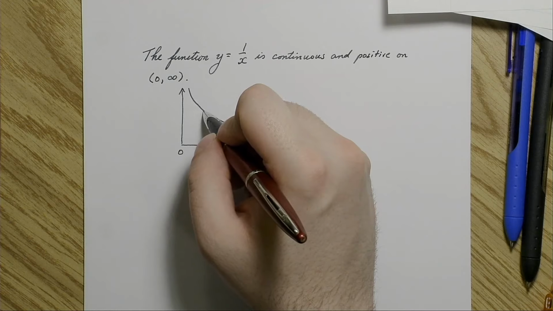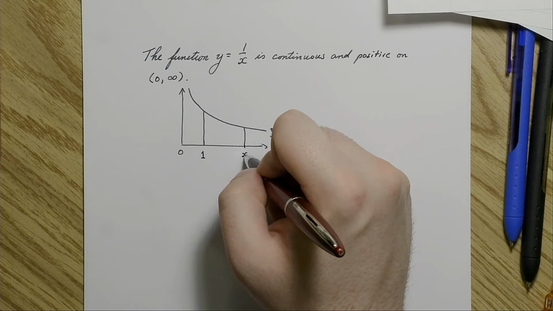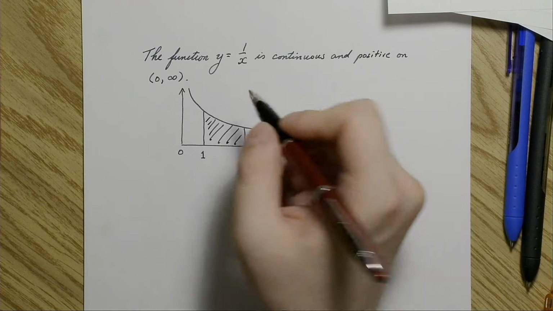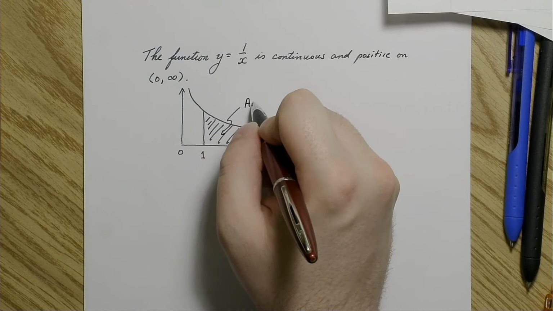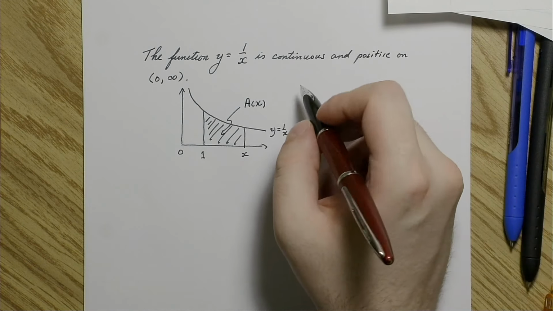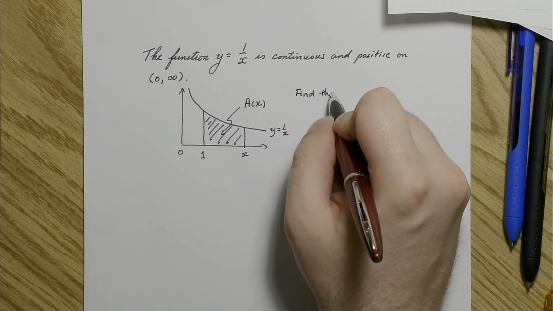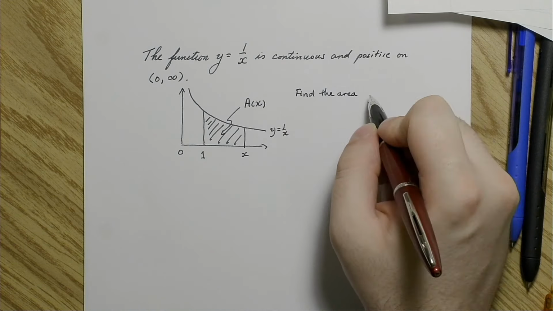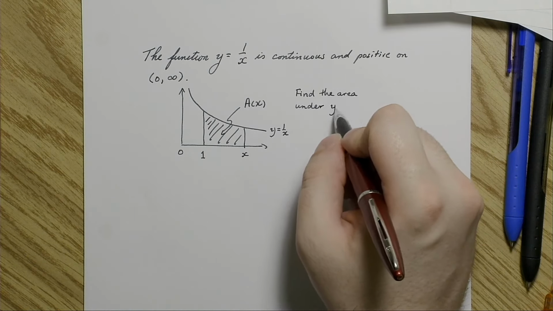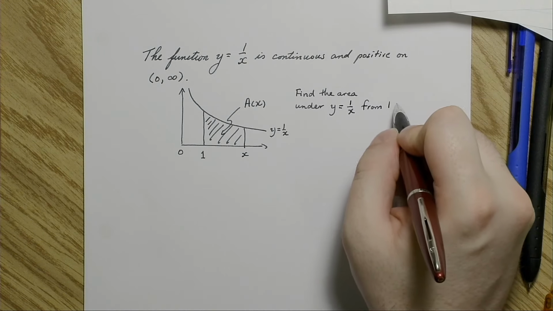So we have the area A of x, and what we want to find is the area under y equals 1 over x from 1 to x.